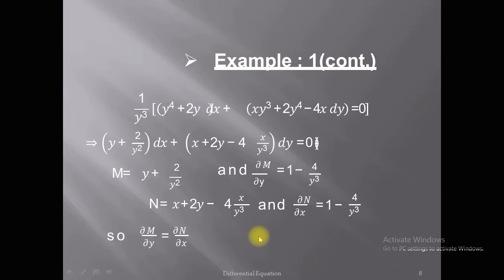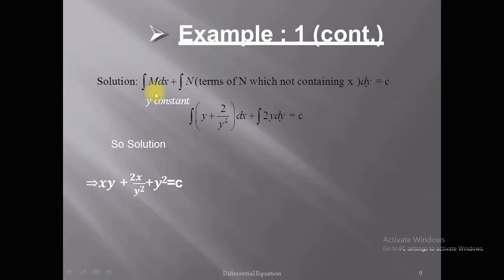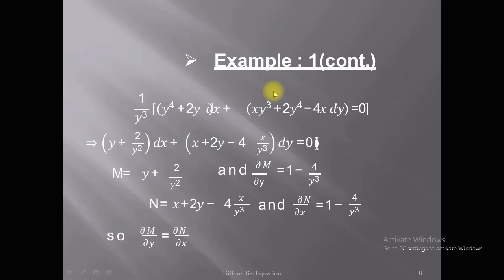Now we can easily find its solution using the formula: taking the integration of M function with respect to x, and taking the integration of those terms of N which do not contain x. In this new differential equation, this is the new M function, and this is the new N function, and this term contains x, this term also contains x.